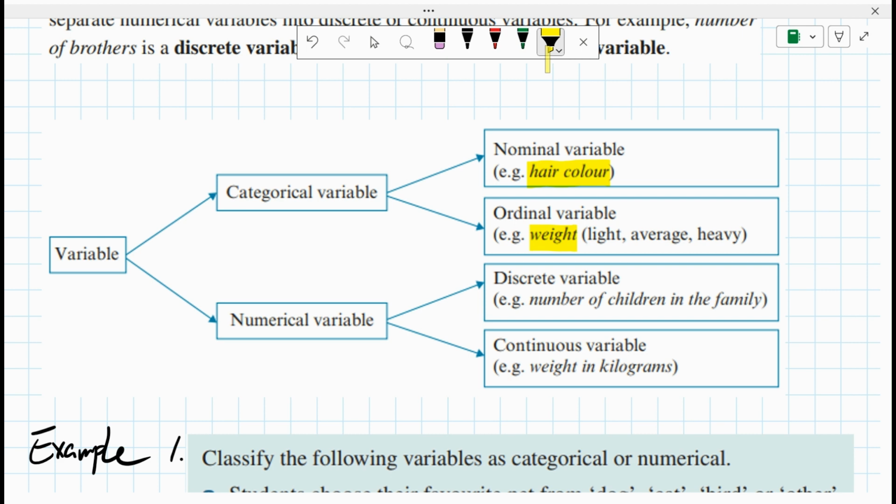Numerical data is different as well. Number of children in the family is a discrete variable. Continuous variables can be weight in kilograms, which is an actual measured number.